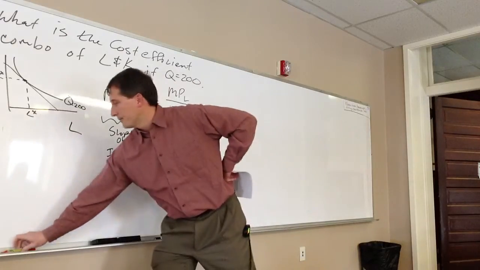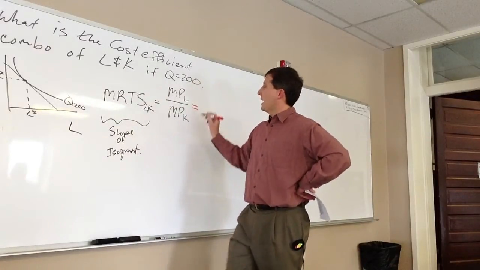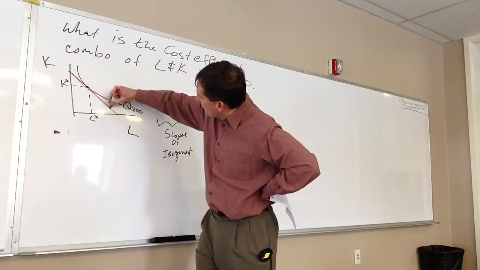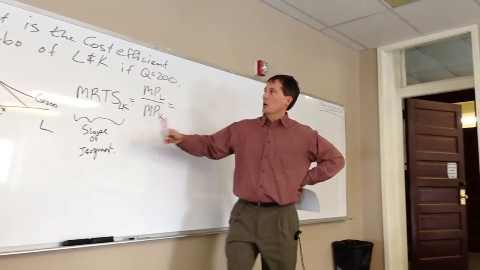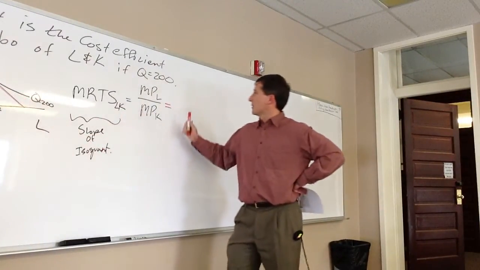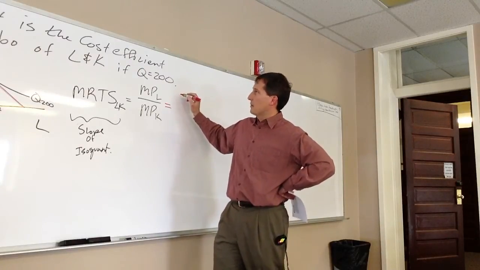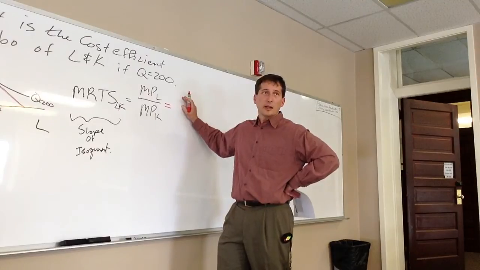In equilibrium, that happens, if I'm color coding this, maybe this would have been good if I would have done this in red, equals the slope of the red isocost line, which is the, which one goes on top, the wage or the rental rate?